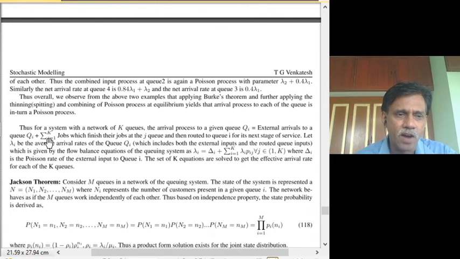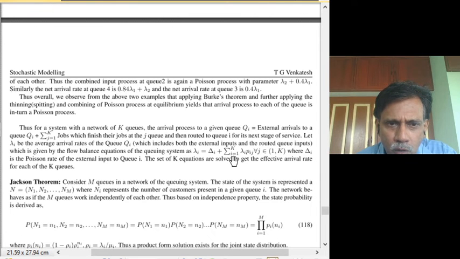Using this general formula, external arrival plus sigma j varying from 1 to k of lambda j into p ji will give you the overall arrival to the ith queue.